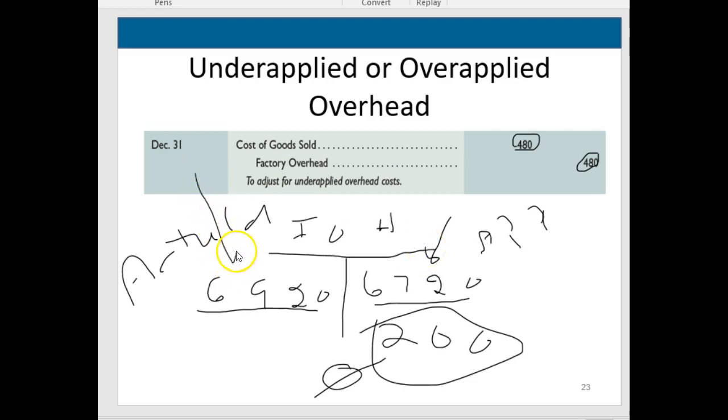We actually had this amount of cost, $69.20, which means I haven't applied enough costs. So if I credit the factory overhead, that brings this account to 0, which is what we want. But then I also debit the cost of goods sold, and a debit increases the cost of goods sold, which increases the expense on this job. Does that make sense now? I hope so. We'll talk a little bit more about it in class. All righty.